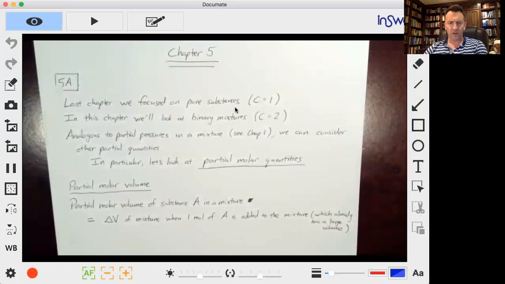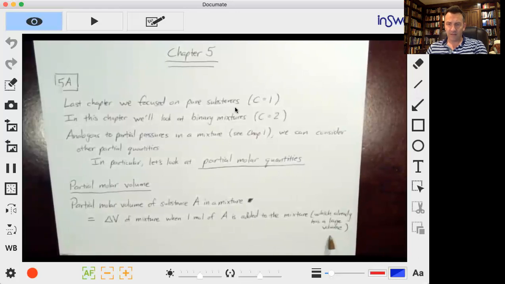The partial molar volume of a substance A in a mixture is defined to be delta V of the mixture, the change in the volume, when 1 mole of substance A is added to the mixture. And here we're assuming that the mixture already has a large volume.